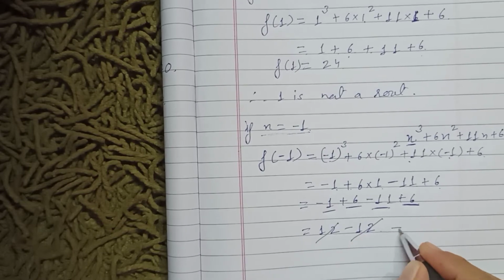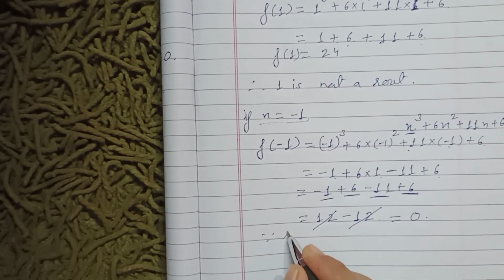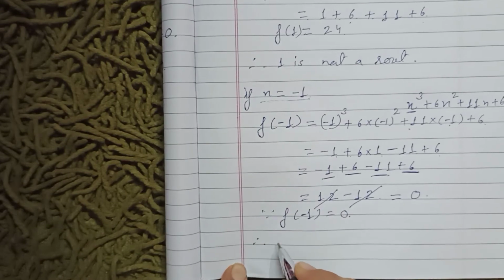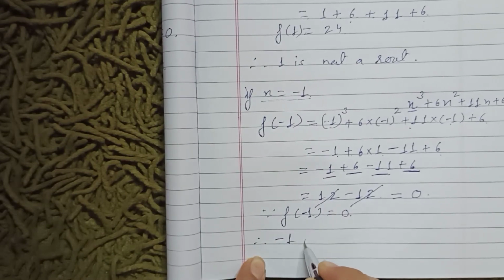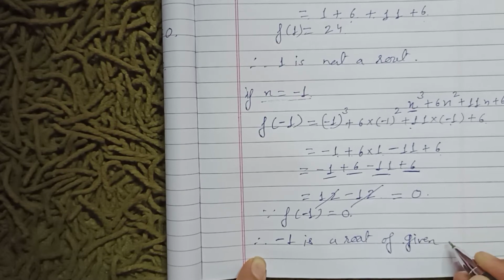These will get cancelled out. It is equal to 0. It means since f of minus 1 is equal to 0, therefore minus 1 is a root of the given polynomial f of x.